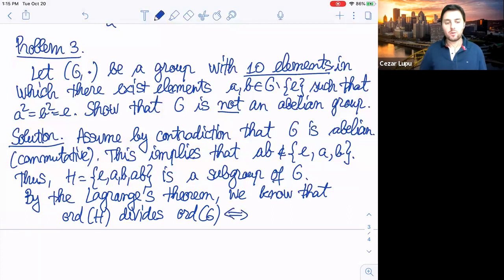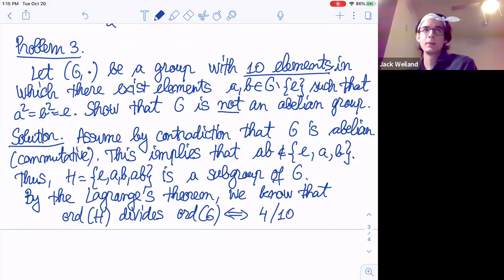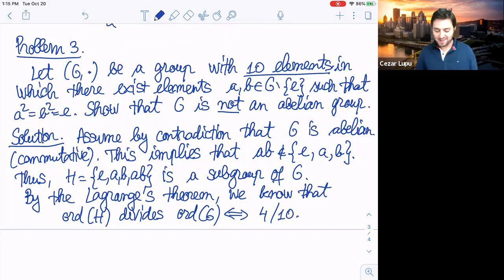Can you tell me what is the order of H? 4. And the order of G will be? It's a group with 10 elements, so what is the order of G? 10. I'd like some other people to say, not just Jack. So 4 divides 10. Contradiction.